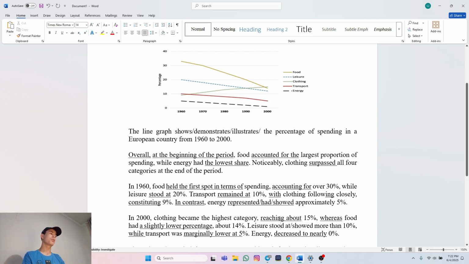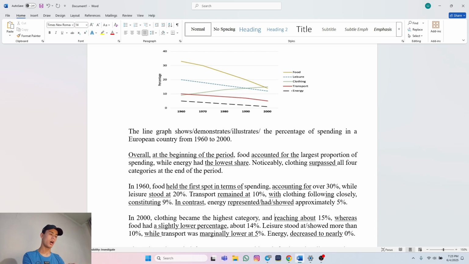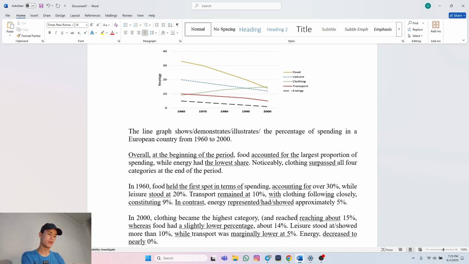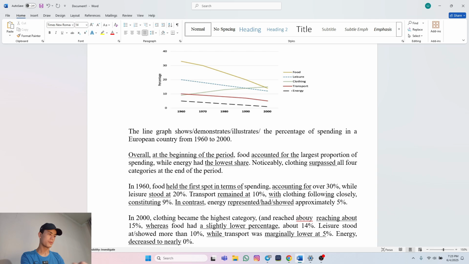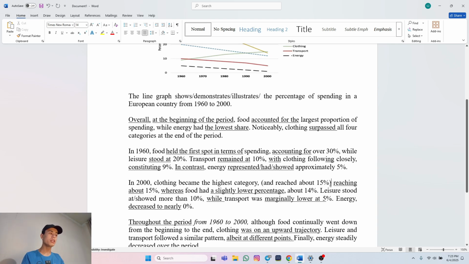Okay, reaching about 15%. Okay, let me just explain it again. Instead of reaching about, with ing, I could have written like this: and reached about 15%. Both mean the same, and reached about 15% or reaching about 15%.